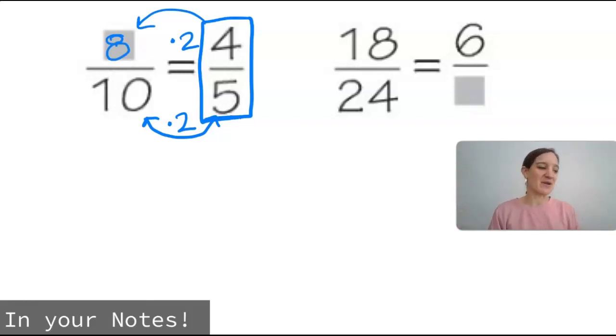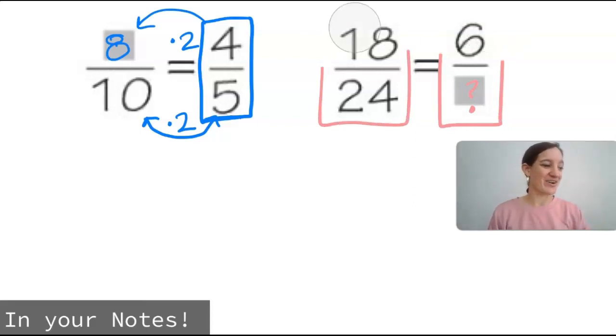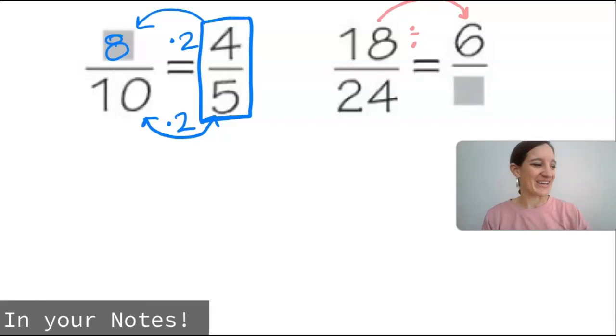Okay, on this next one, we have 18 to 24 is equivalent to 6 to something. The unknown is over here in the smaller ratio. We went from an 18 to 24 down to a 6 to something, and 6 is smaller than 18. So on this one, I know I'm going to need to divide when I figure out what that relationship is. 18 to 6, 18 divided by 3 is 6.